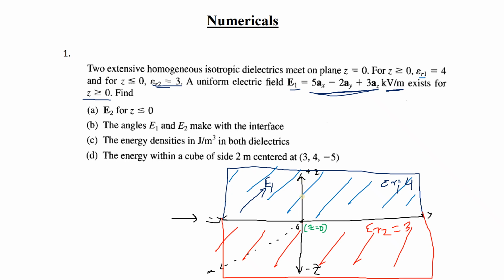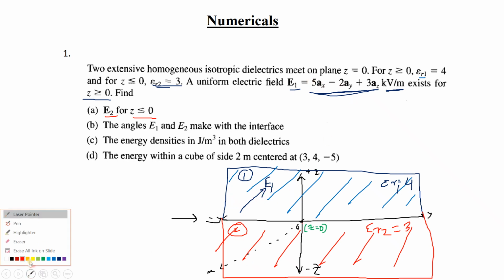That means medium number 1, because over here it is positive. In medium number 2, z is less than 0, that is negative z. You have to find E2 for z less than 0.